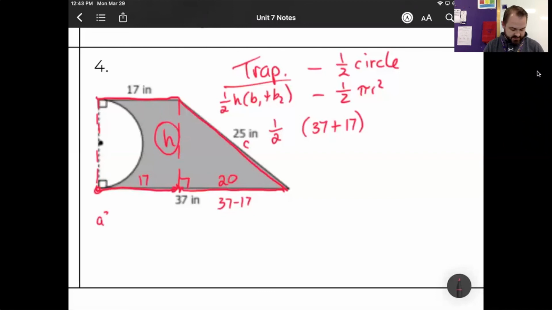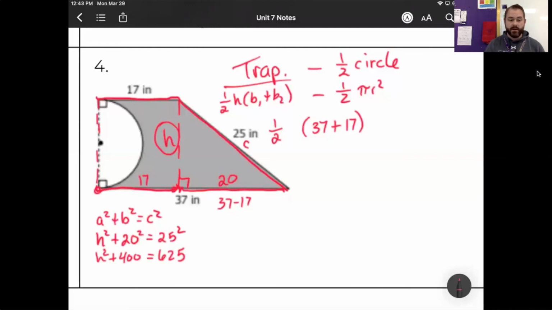So if I use this, a I'm going to call h, so h squared plus b, that other leg, 20 squared, equals the hypotenuse, 25 squared. Okay, so let's do that. 20 squared is 400. 25 squared is 625.